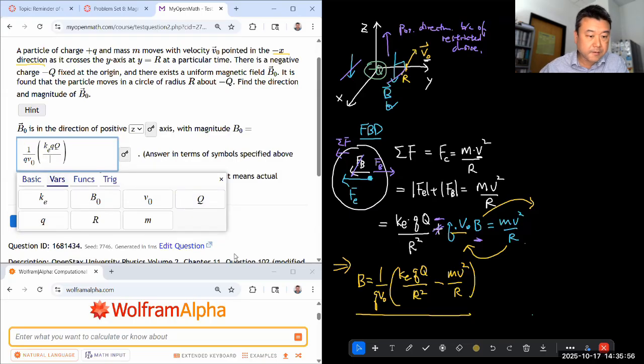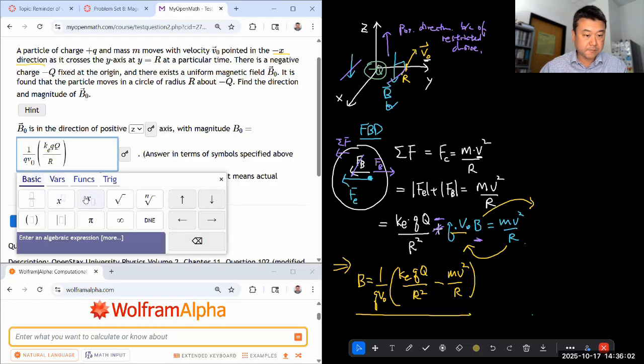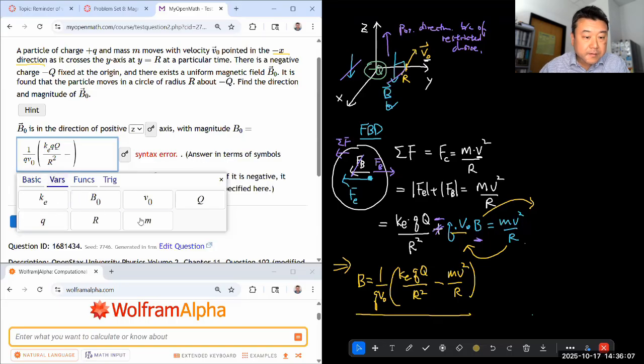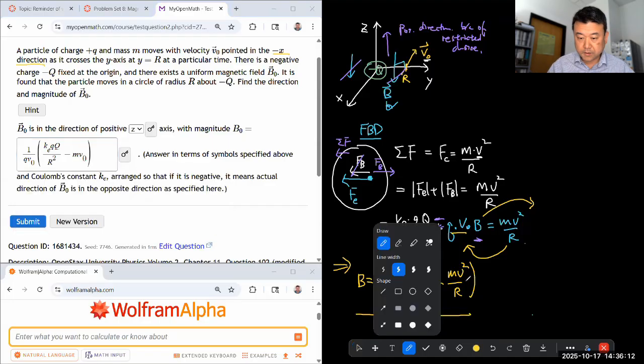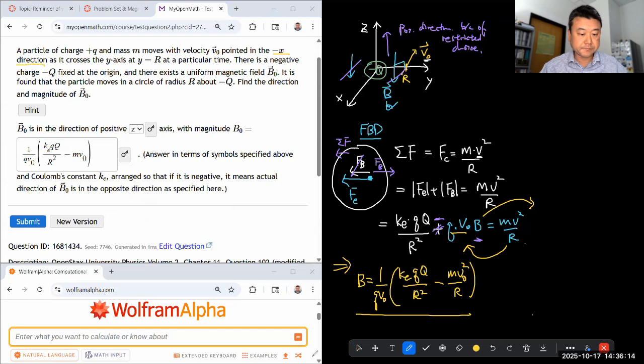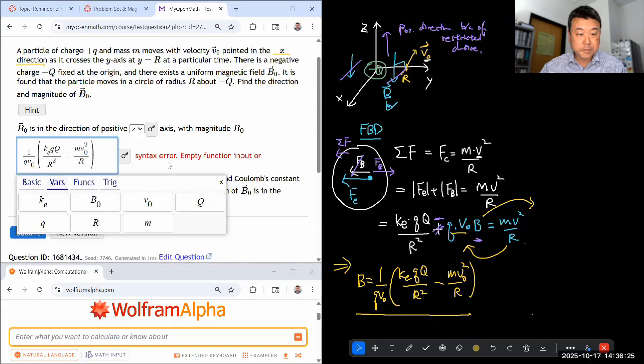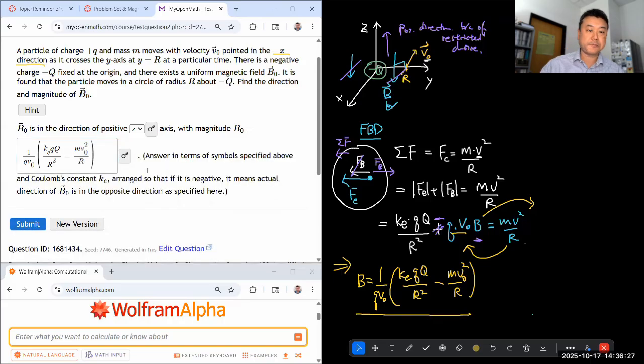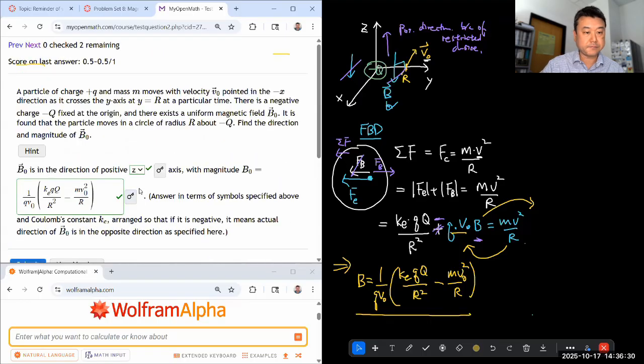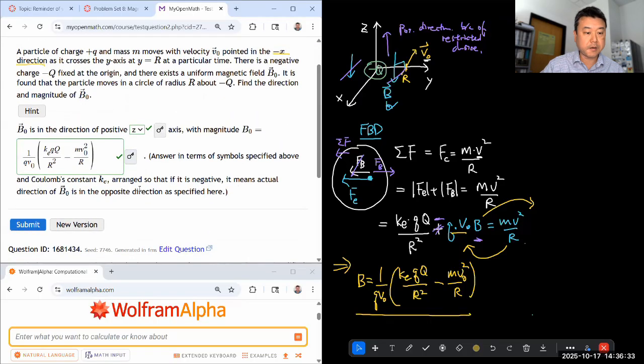Divided by r squared, and then I have minus mass, right? And then v. I forgot to say v naught. It should have been here. v naught squared, divided by r. So that I think should be correct. Let's hope and check. Good. Yeah, so that's the setup question.